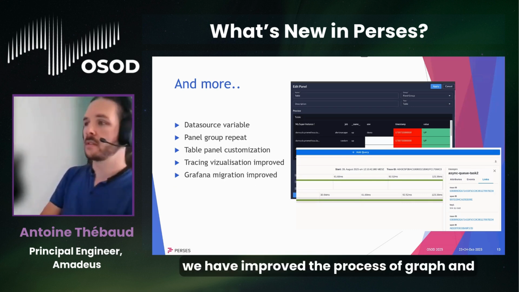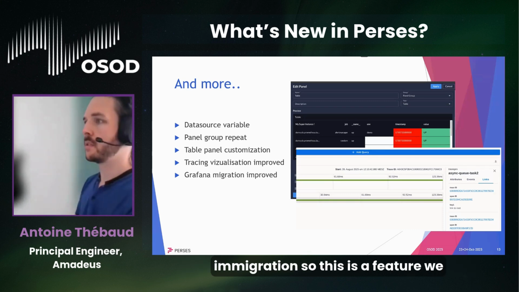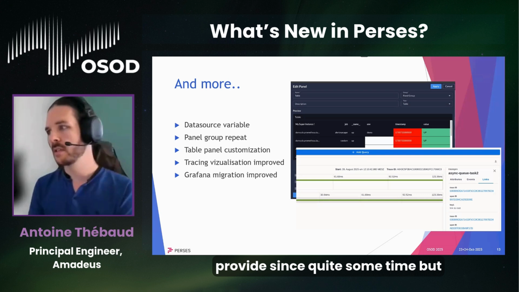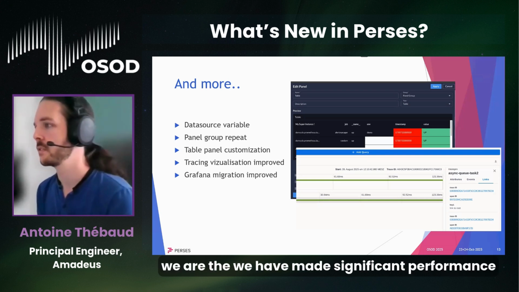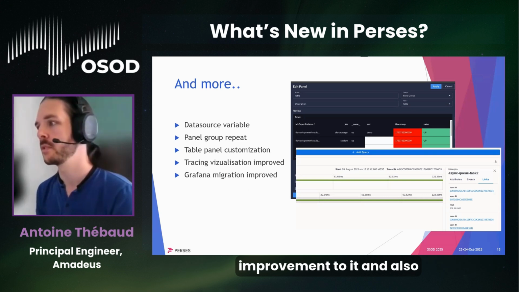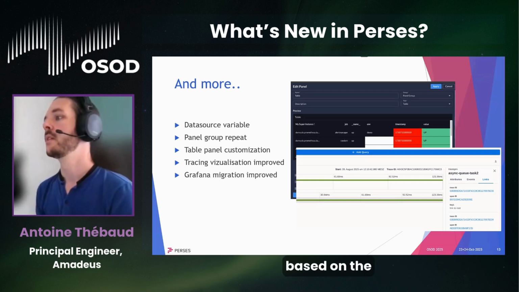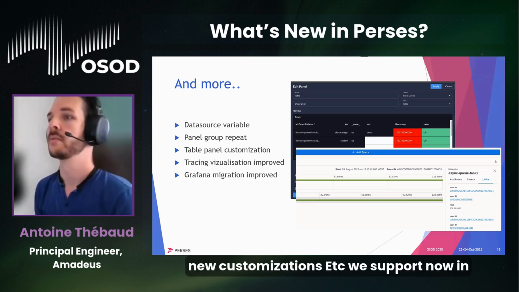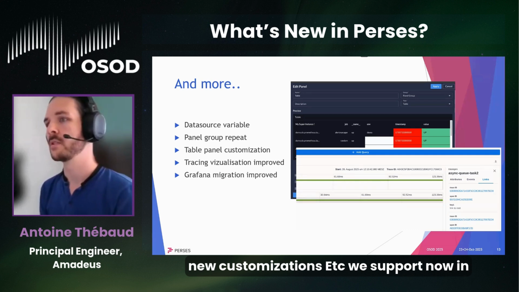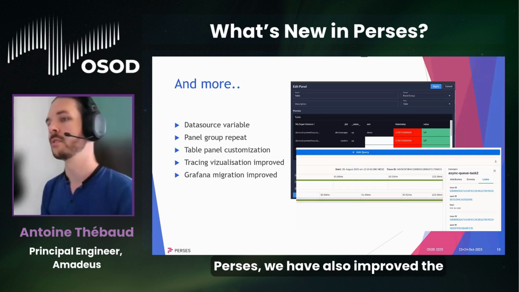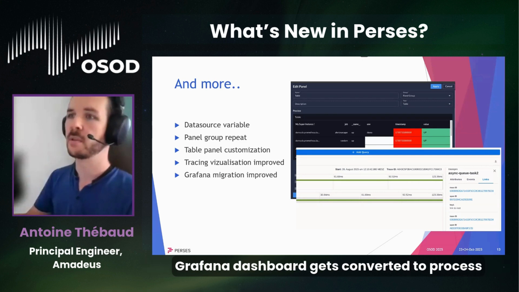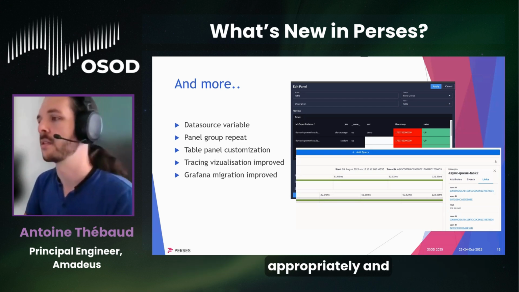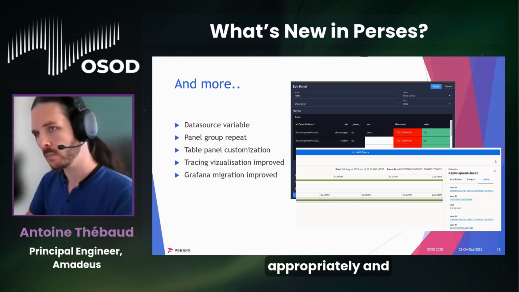We have improved the process of Grafana migration. This is a feature we have provided for quite some time, but we have made significant performance improvements to it. Also, based on the new customizations we now support on Perses, we have improved the translation process, so more settings, more of your Grafana dashboard gets converted to Perses appropriately.